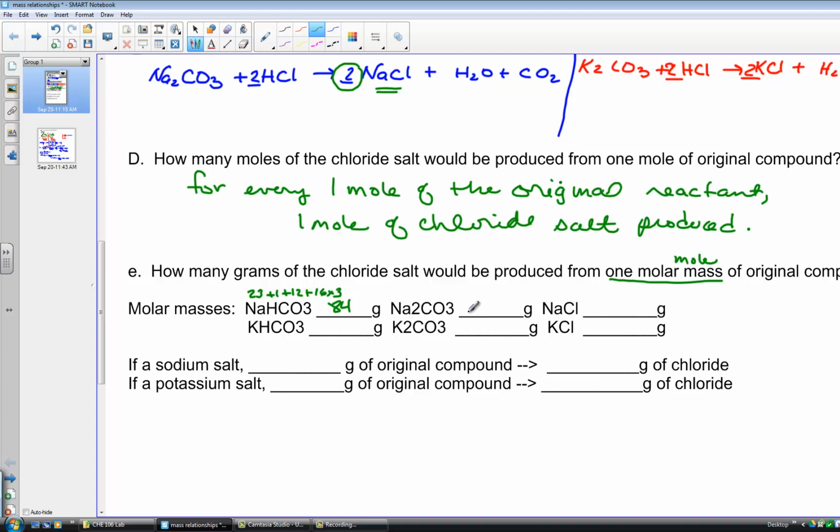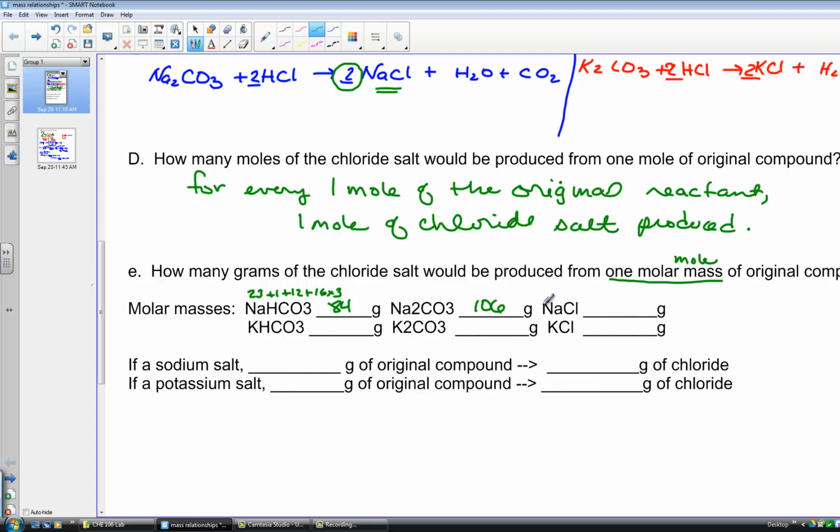Let's do sodium carbonate. So sodium is 23, but there's 2 of them, so times 2, plus 12 for the carbon, plus 16 times 3 on the oxygen, and this has a molar mass of 106. 2 Na's added to a C added to 3 O's, 106.